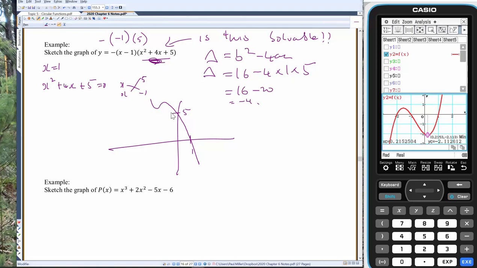And to be fairly frank with you, I don't know which one it is unless I use some maths that you don't know yet, which is calculus. So at this stage, we would just be guessing that it's either that or this. The only way to find out for you guys at the moment is to jump on your calculator and get it to graph it for you. So let's find out which one it's going to be.